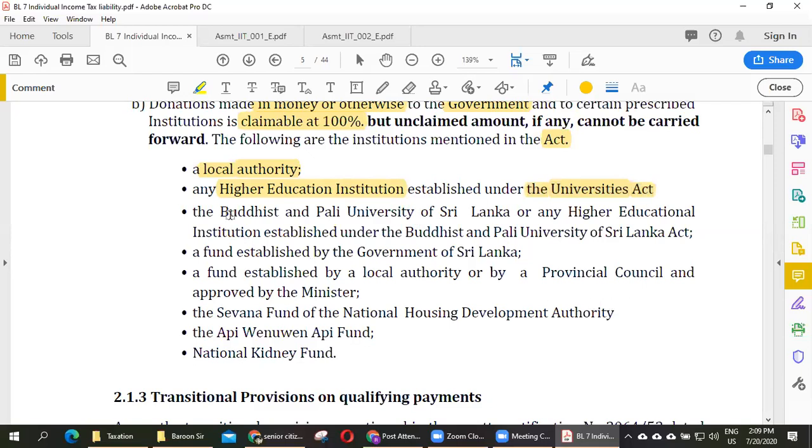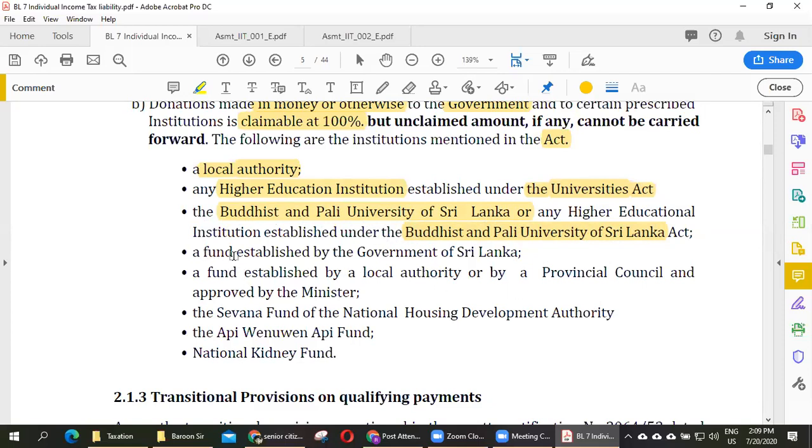And the donation to the Buddhist and Pali University of Sri Lanka, or any higher education institution established under it. The Buddhist and Pali University is a separate one. It is not established under the University Act. It is a different act, the Buddhist and Pali University Act.